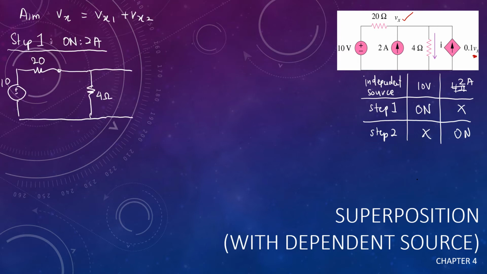To turn off the current source when turning on the 10 volt, you can open the circuit like this, or you just ignore this part. And where is that Vx?